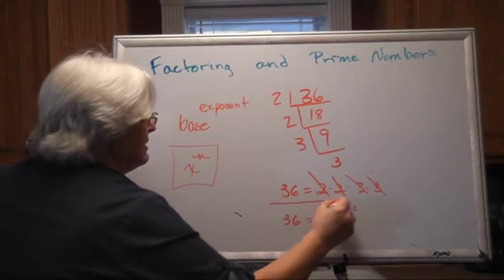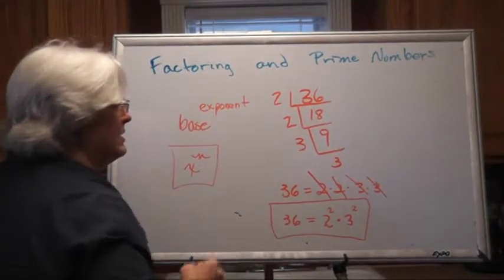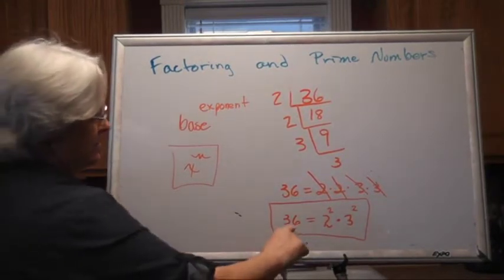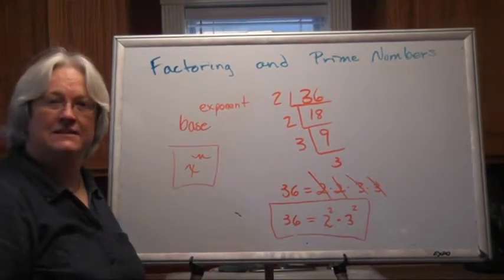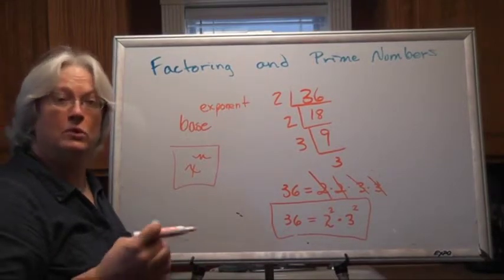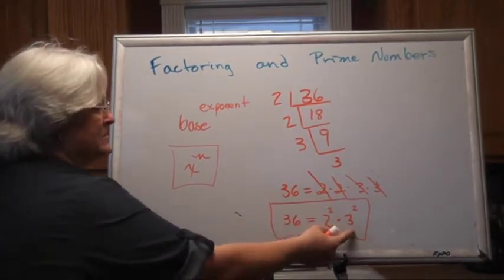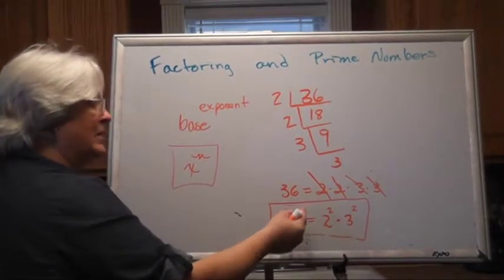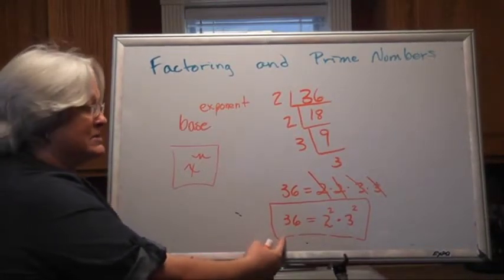So this right here, 3 squared. 36 is equal to 2 squared times 3 squared. This is the prime factorization, or the prime factored form of the number 36.